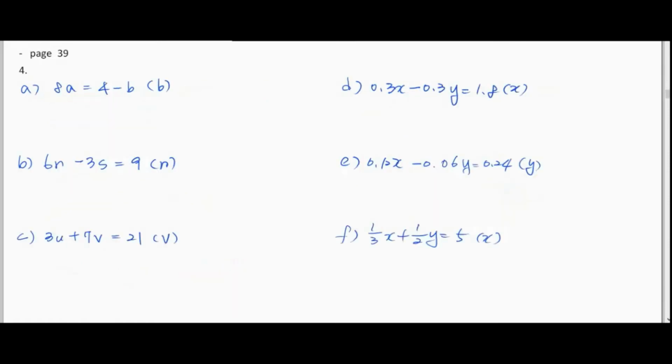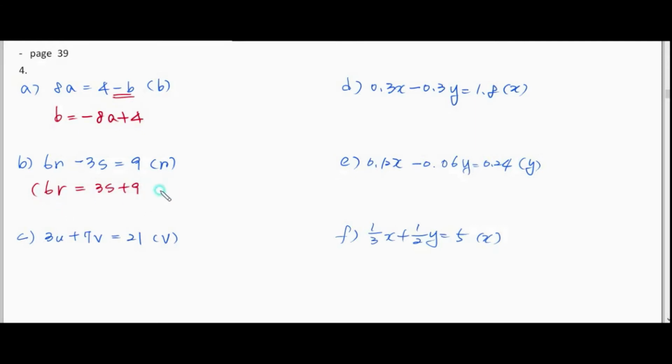This is question 4. It's basically the same as question 1, which is just isolating one variable. So for A, it's about B, so B goes over. Then B equals minus 8A plus 4. And for question B, isolate R: 6R equals 3S plus 9.